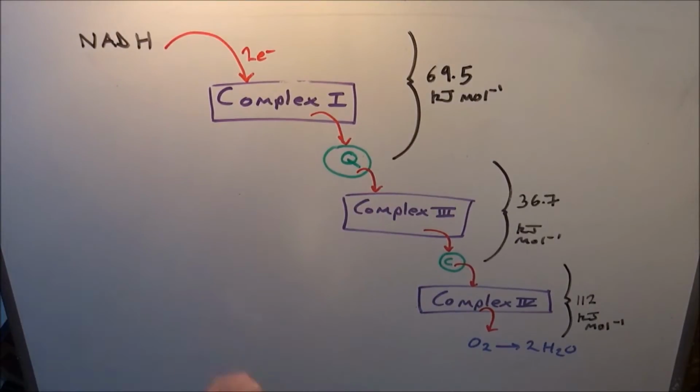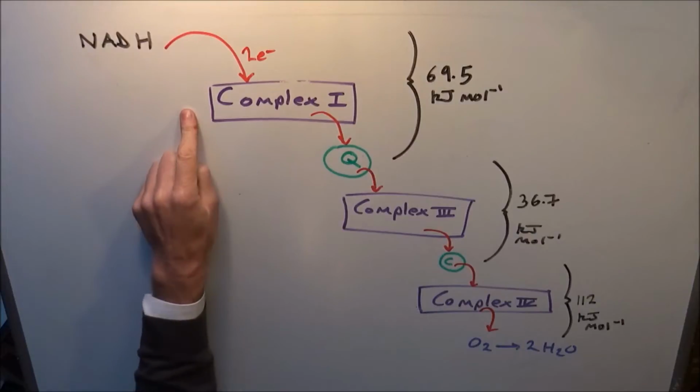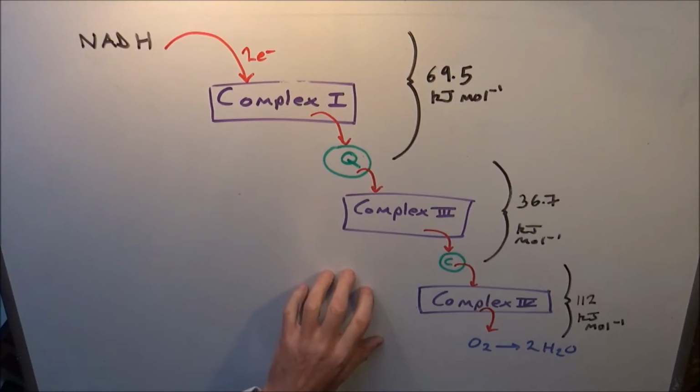So complex 1, for example, has about 45 protein subunits, and these consist of the electron carriers and various coenzymes, cofactors. The total relative formula mass of complex 1 is almost 1 million actually. I think it's about 980,000. So these are massive protein complexes.